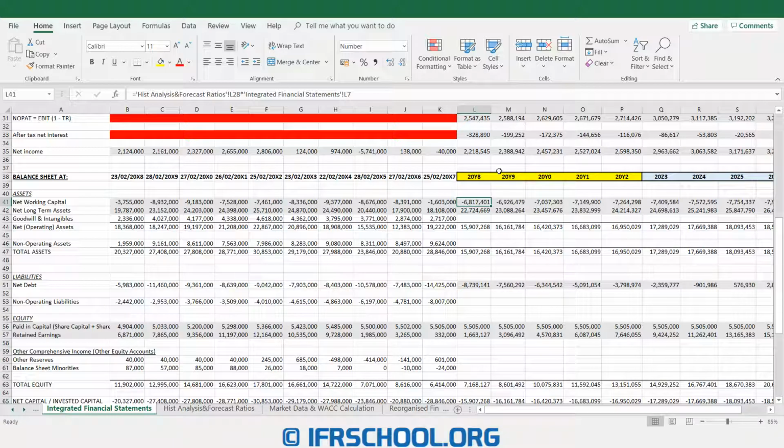If negative working capital increases year on year, which we can see is the case for Tesscow, its negative working capital gets greater or more negative year on year. This means the company has effectively increased its reliance on short-term finance from its suppliers. The current liability part of working capital exceeds the current asset part by a greater margin year on year.